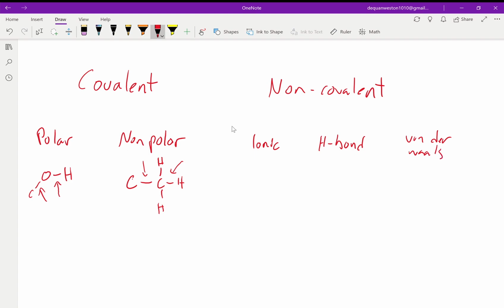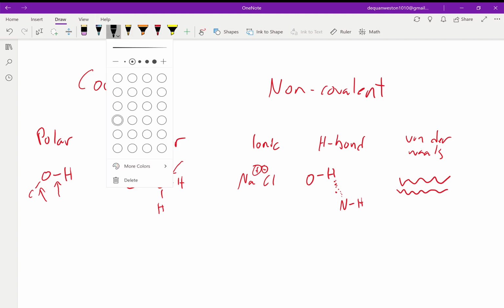So ionic bonds are going to be your things like NaCl, and it's going to be between things that have opposite charges, and when they conjoin, they're going to neutralize the charges. You have H bonds, which they'll look like that. And then you have van der Waals, which I'm just going to draw fatty acid tails.